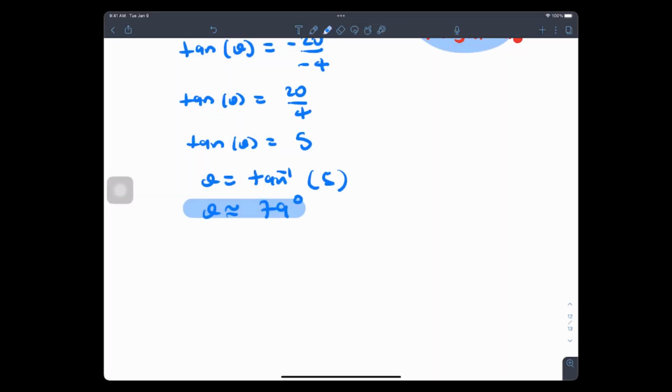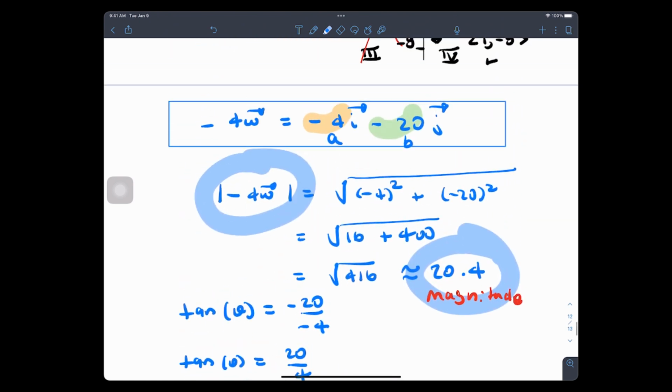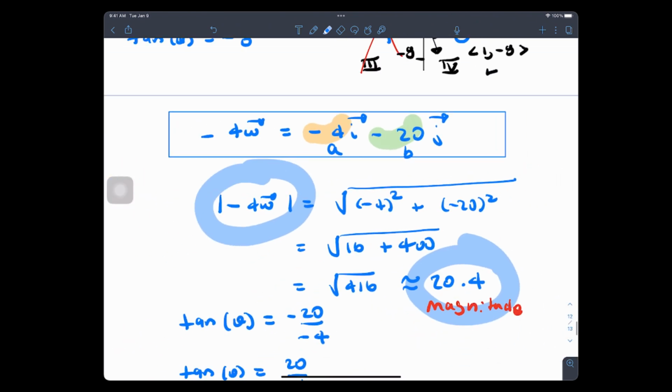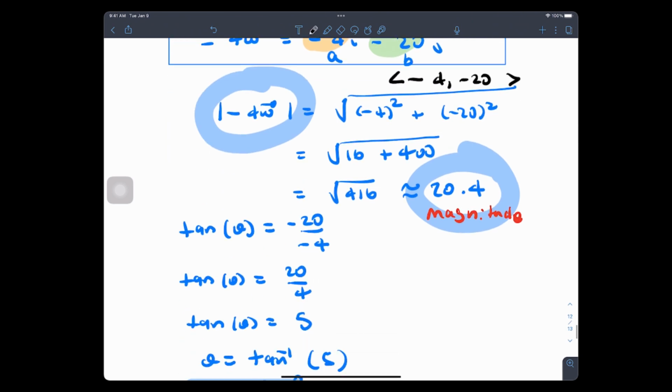So here is a very, very important point I really want to make for you guys here. It's important. Okay, so 79 degrees. Now, you see this vector? What quadrant is this vector in? Where's negative 4, negative 20?